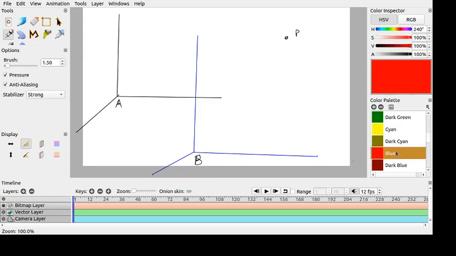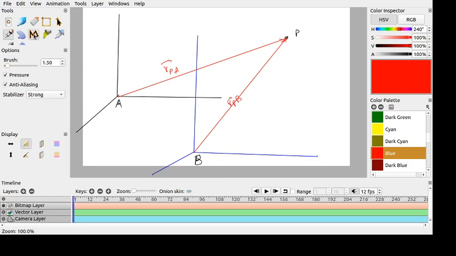Now the position vector of P with respect to A is this one. This is the position vector of P, that is R of P with respect to A. Similarly, the position vector of P with respect to B is this. This is R of P with respect to B.